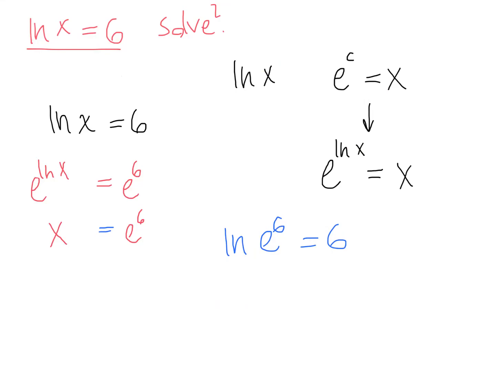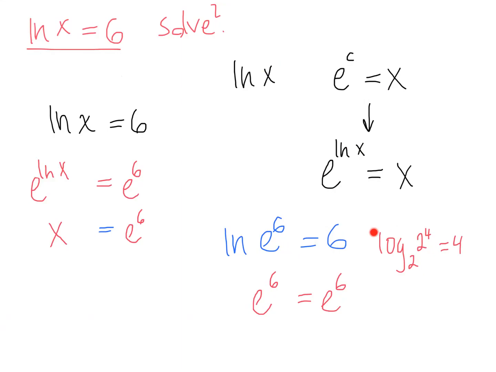Well, that seems pretty easy. What do I raise e to so that I get e to the 6th? Well, that's got to be 6. No doubt about it. So obviously it would make sense that the natural log of e to the 6th is 6.